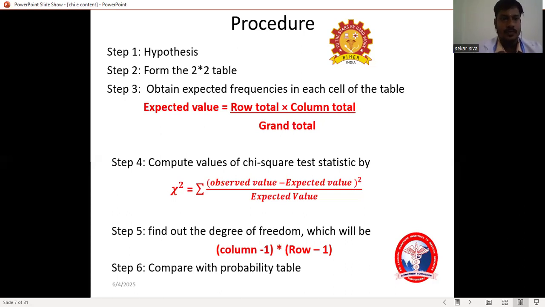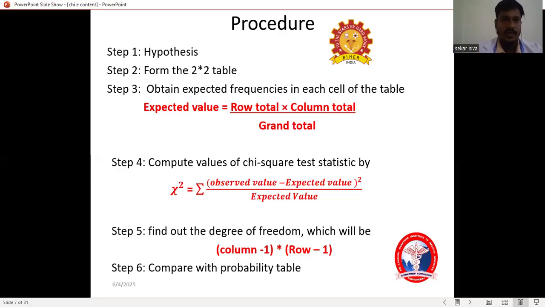And then chi-square formula. Chi-square is equal to sum of observed value minus expected value, the whole square, divided by expected value. And then finding the degree of freedom. It is row minus 1 into column minus 1. 2 rows and 2 columns, so answer will be 1. So compare the probability value.